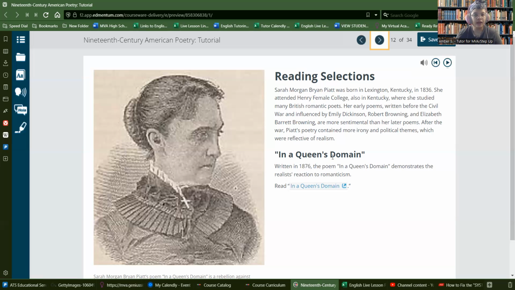Okay, so I'm going to give you a moment to go over "In a Queen's Domain," which is from 1876. As a reminder, I usually don't go over reading selections. If you're really struggling with any of your reading selections, you should definitely contact your advocate or your mentor about getting scheduled for tutoring.